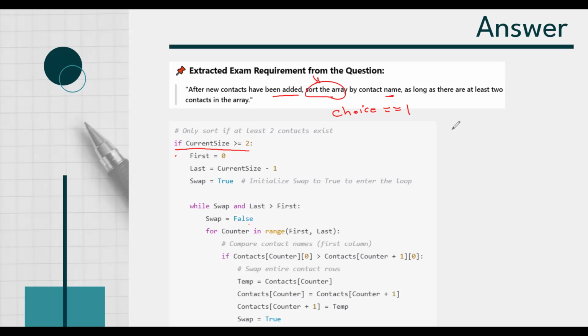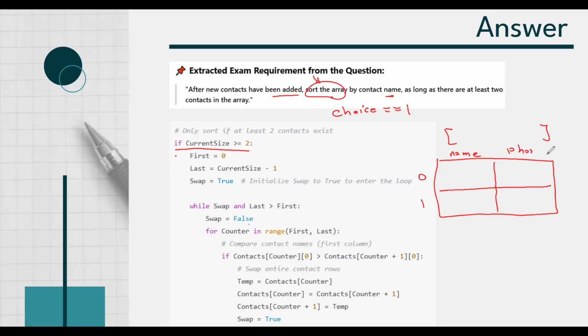Just so you know, this is a 2D array. Let me just explain this. Imagine that the first column carries a name. So this is a 2D array. This is row 0, row 1, and this is the column carrying the phone. This is column 0, column 1.